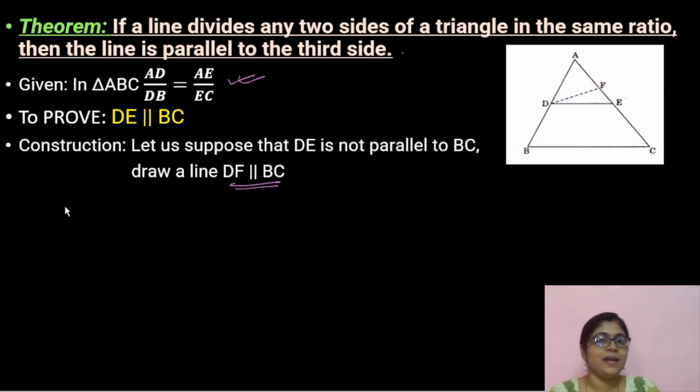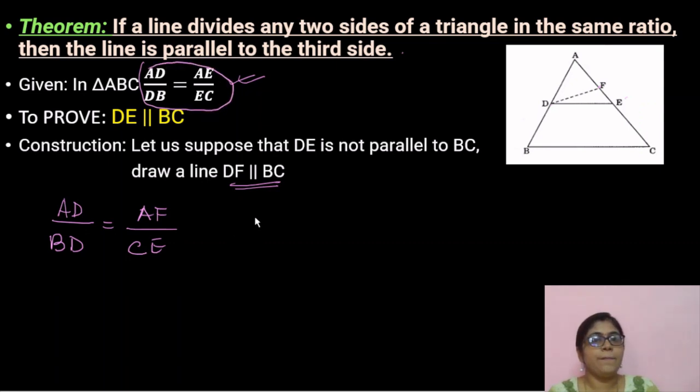So what is the condition? If these two lines are parallel, AD by BD equals AF by FC. But it is given that AD by BD equals AE by EC.